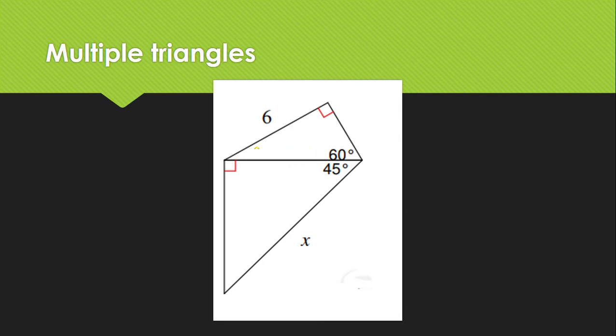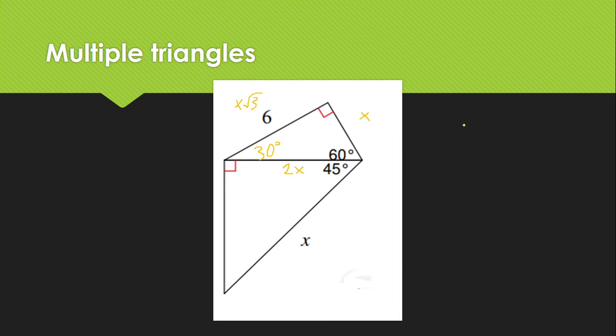First, we have a 30, 60, 90 triangle at the top here, 30 degrees. So my side lengths, the short one is x, the hypotenuse is 2x, and the other side is x square root 3.